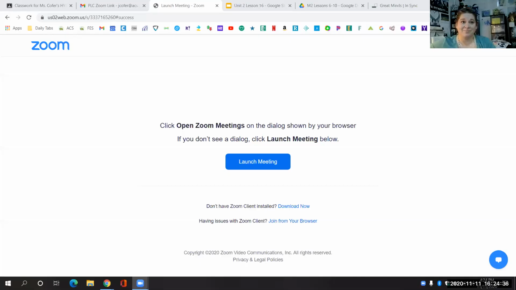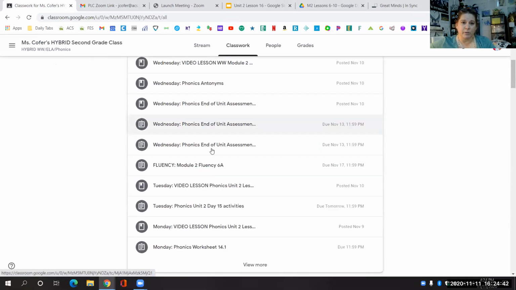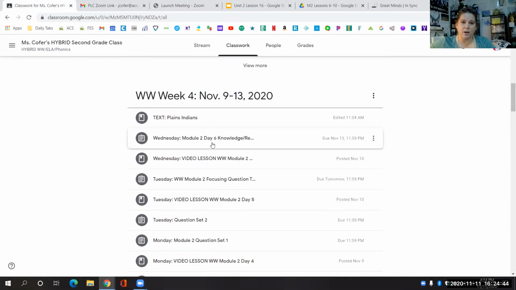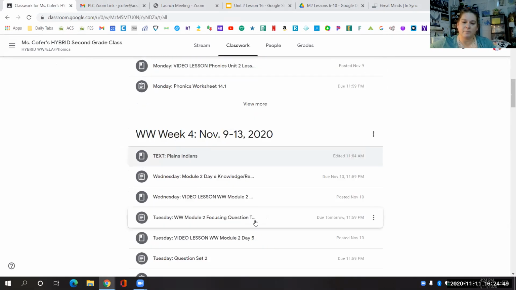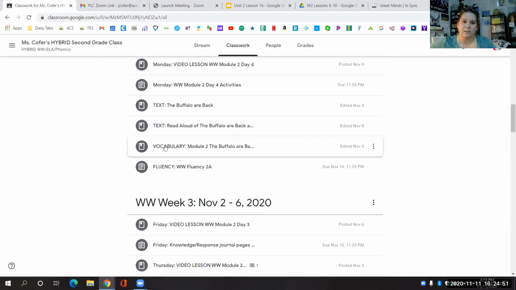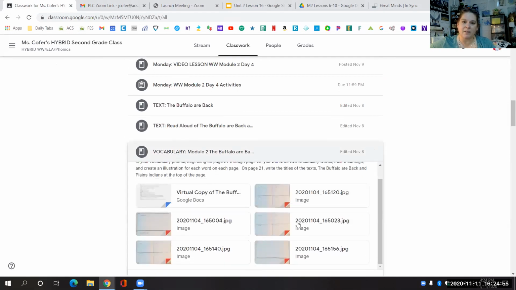If you don't remember where the vocabulary words are, please let me share. If you go to your class page, to Wit and Wisdom, week 4, I moved them for you. Look, it says vocabulary, Module 2, The Buffalo Are Back, and there they are.